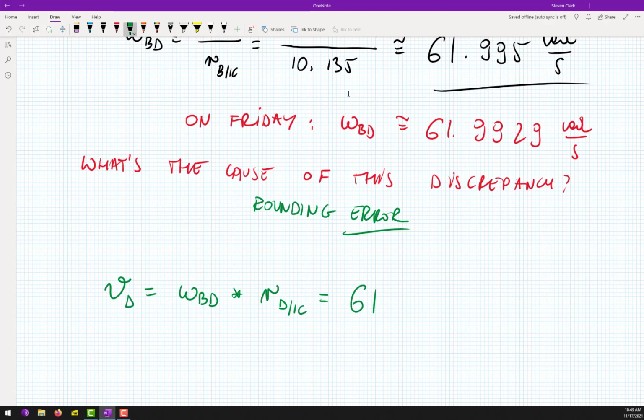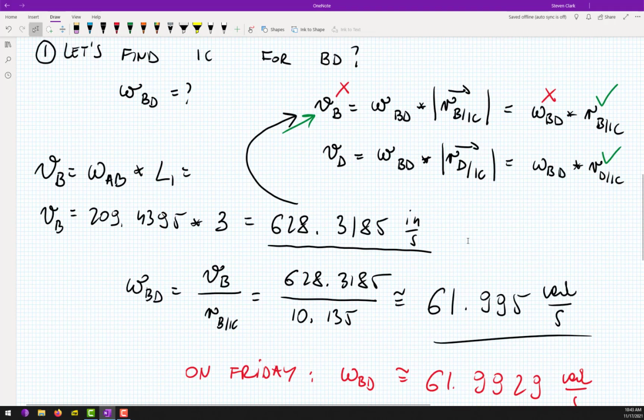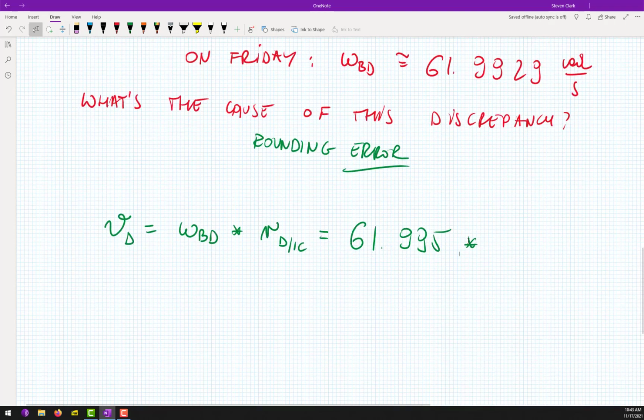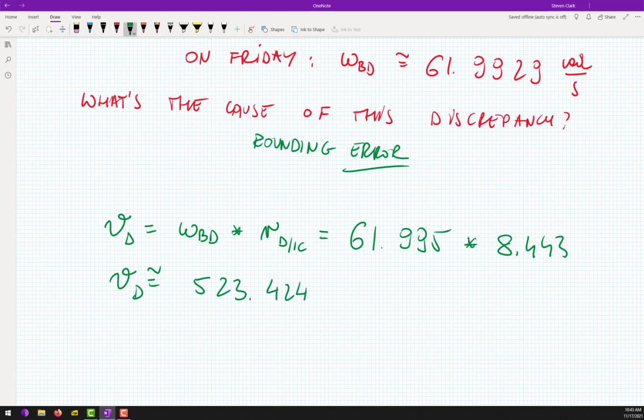So that will be 61.995 times, what was that distance? It was 8 something, I believe. 8.443. Grab your calculators and obtain that VD is approximately 523.424 inches per second. This is our answer.